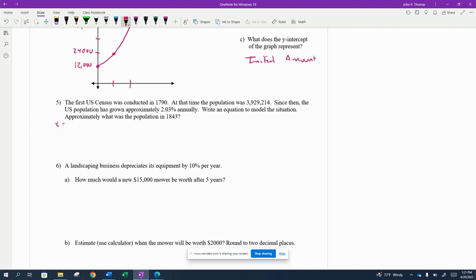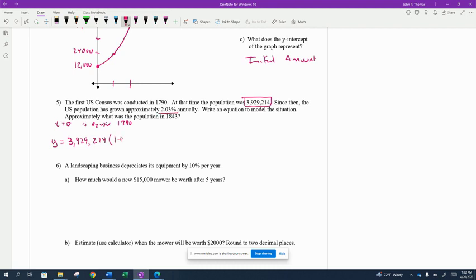We're going to say t equals 0 is equivalent to 1790. That's going to give us a starting point so we can start this function without doing a horizontal shift, right or left. We know the initial population at that time up here, 3.9 million. So I've got y equals 3,929,214 times 1 plus, and then it said there was a growth rate.